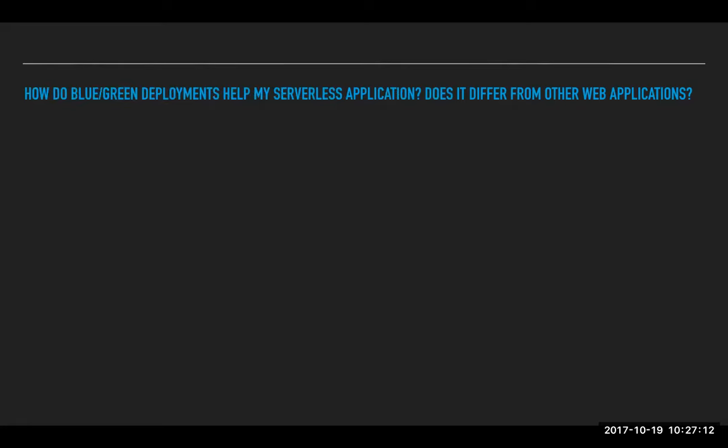How do blue-green deployments help your serverless application? It's very similar to web applications. It's the ability to set up a second Lambda that has the newer functionality, and then you temporarily route to that new one. You allow the traffic to start moving over, and once you know it works, you just cut the old one loose. I really think it's going to help in a lot of ways, very similarly to web applications.